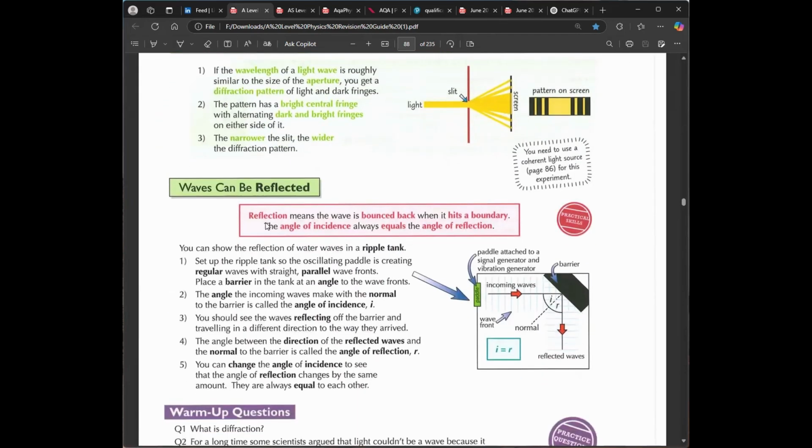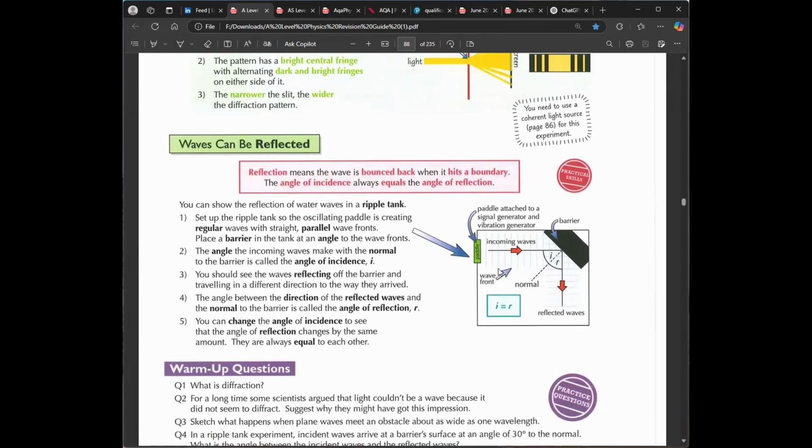Reflection, I think you already know. For reflection, you just need to know that incoming light hits a reflective surface and gets reflected back, and the angle of incidence and the angle of reflection are equal to each other. What is the angle of incidence?